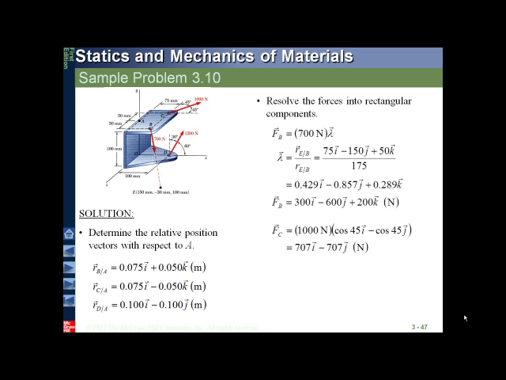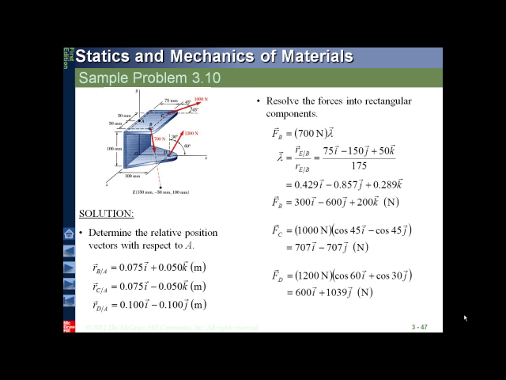It acts at an angle of 45, cosine of 45. They made a mistake there: they're showing j, but it actually should be k. So the force at C should end up being 707i minus 707k. There's a misprint on that screen.